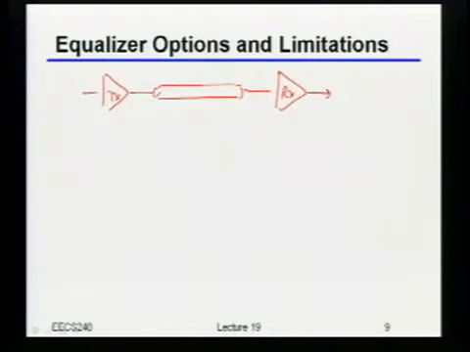So if you build it at the transmitter, sometimes people call that pre-emphasis. That just has to do with if I put the H inverse before I go through H, I'm sort of pre-distorting or pre-emphasizing everything. If I put it at the receiver, I go through H first, and then through H inverse.